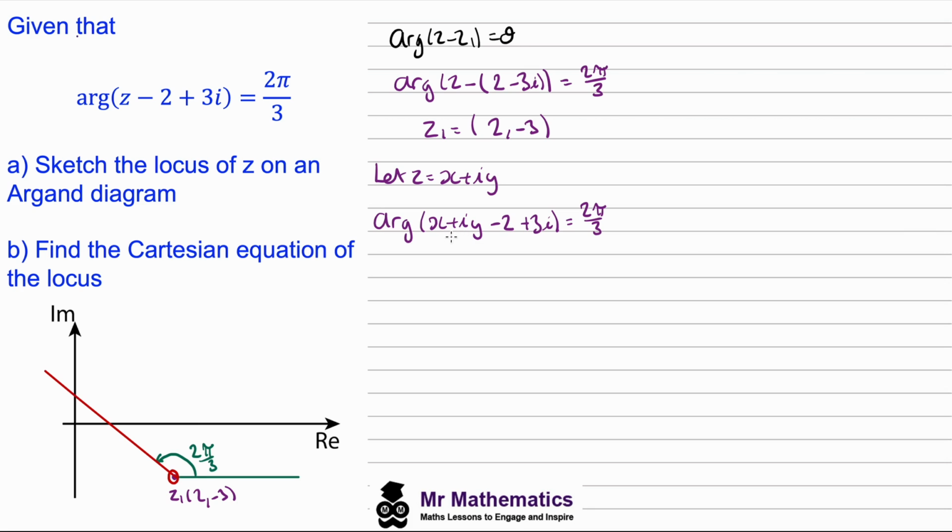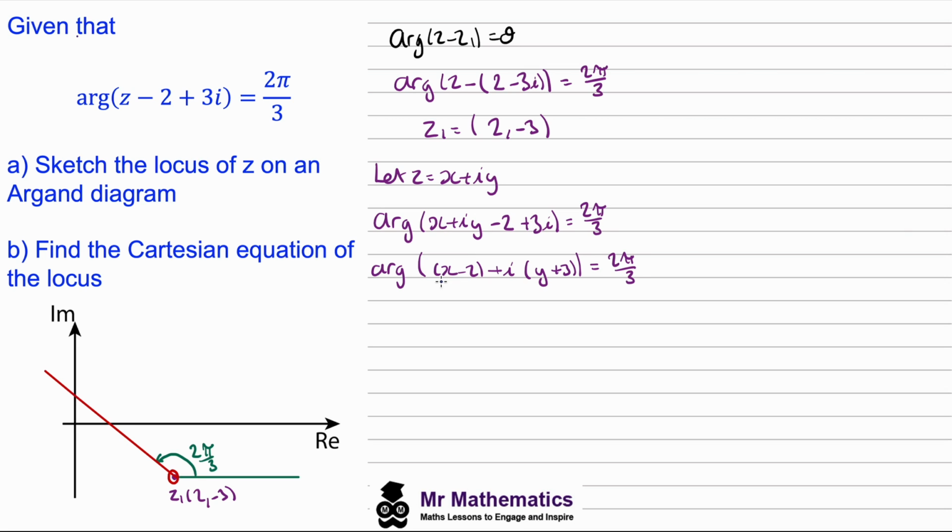So in this bracket now we've got a collection of real and imaginary parts, and we can group them together. So we've got the argument of x minus 2 plus i lots of y plus 3, and this will equal 2 pi over 3.